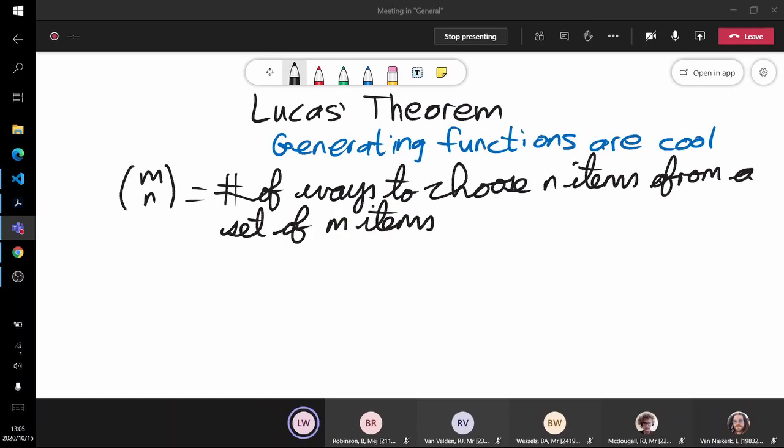That's one definition for it. There's also an equivalent formula in terms of factorials: m factorial over n factorial times (m minus n) factorial.